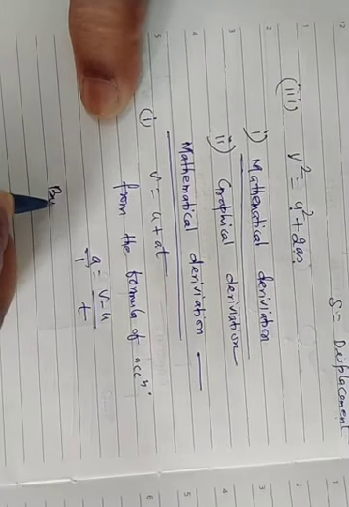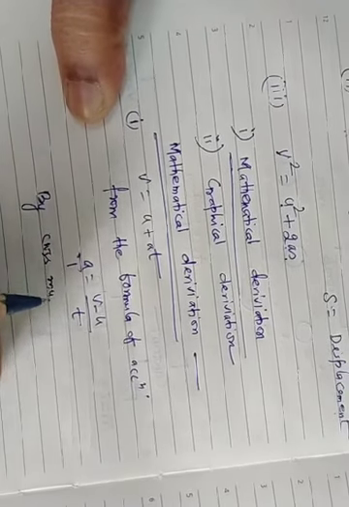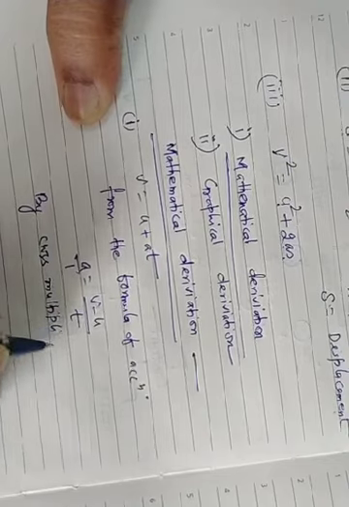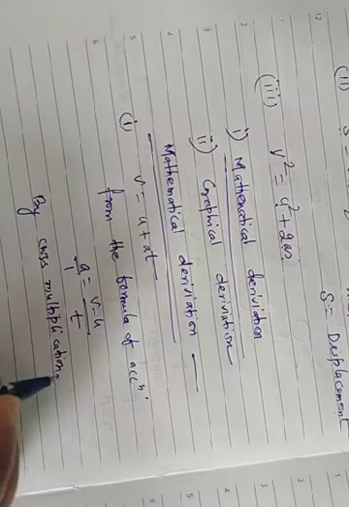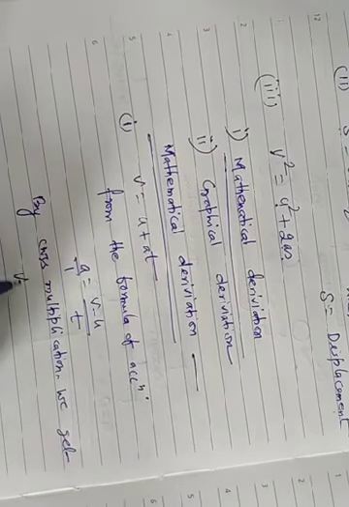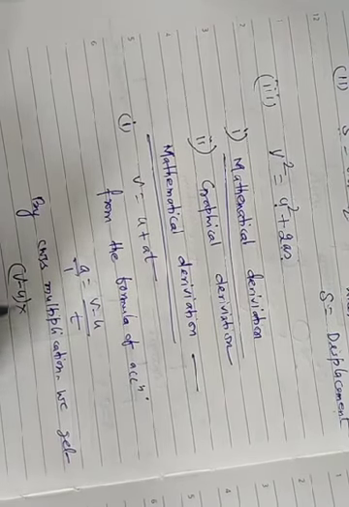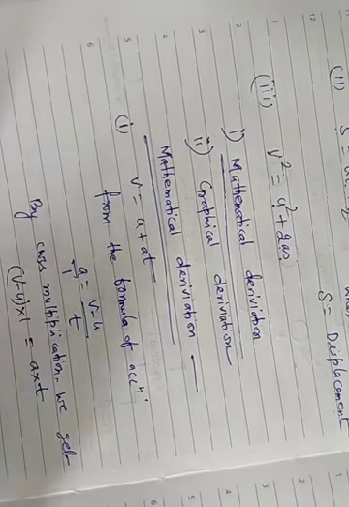So by cross multiplication, we get v minus u into 1 equal to a into t, right?